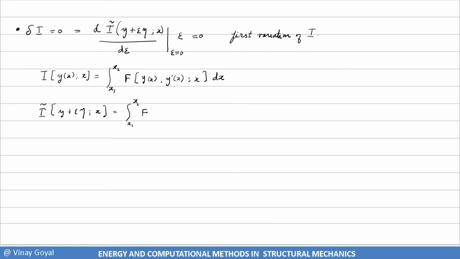And as a consequence, f now becomes a function of y plus epsilon eta. And notice, I want to be more precise, just so it's clear: y of x plus epsilon eta x. And then y tilde prime is the first derivative. So if y tilde is y plus epsilon eta, then y tilde prime is y prime x plus epsilon eta prime of x. So hopefully that's clear what I've done there.